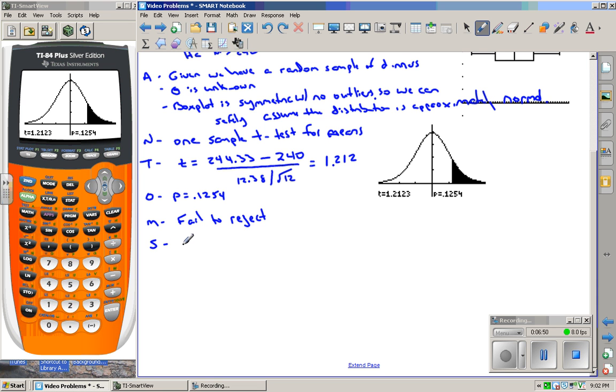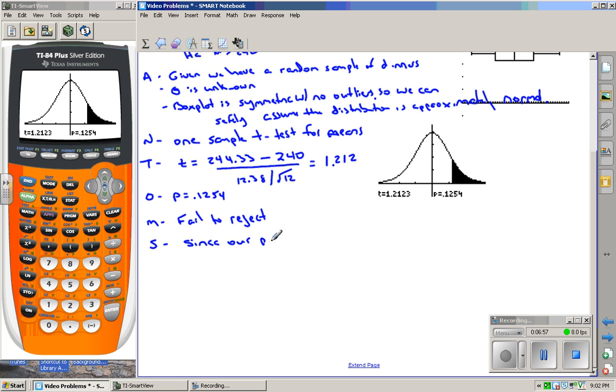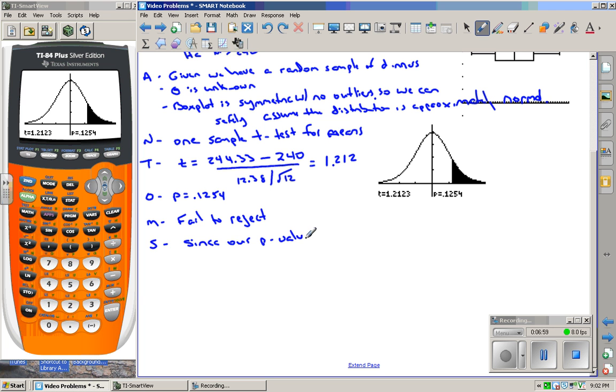So since we're failing to reject, we would say, since our p-value is over 10%, that's a really pretty high p-value, we fail to reject the null.